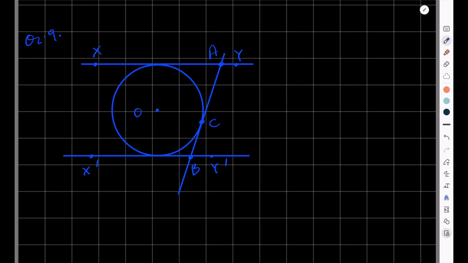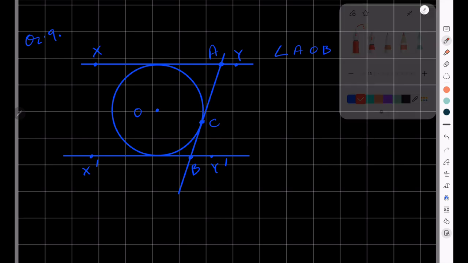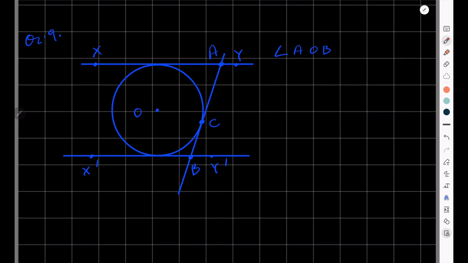Okay, so now we have to prove that angle AOB, let me just draw AOB, is 90 degree. So this is the question, how we can solve it.